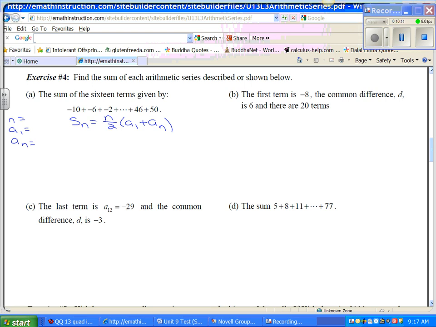The sum of the 16 terms given by, what's n represent? 16 is my number of terms, right? A sub 1? Negative 10, that's my first term. A sub n? 50, my last term. Where'd you get 96 from? Oh, I'm sorry.